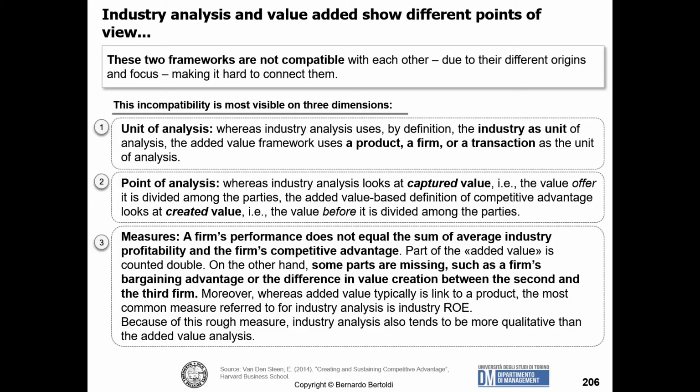The Porter framework is only based on who is capturing value. So in the Porter view, we are not looking at things that are increasing the total value created. We are just looking at how, given a total amount of value created, actors within the competitive arena are capturing different quantities of value.